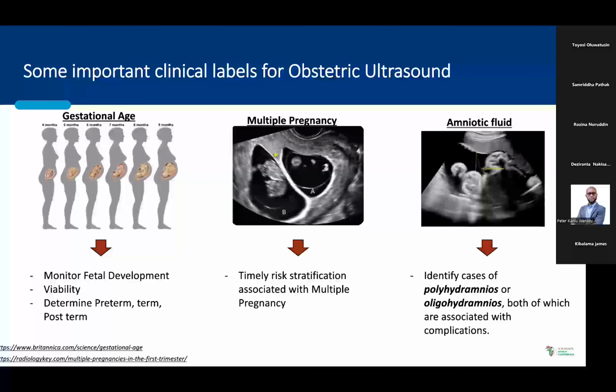The monitoring of the volume of amniotic fluid is essential, because in the case of less volume or more volume than necessary, both can lead to complications. So these are really the things that the radiologists care about when they take ultrasound to monitor both the child and the mother.